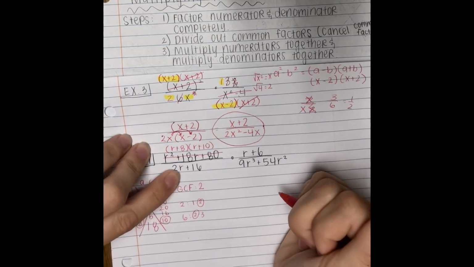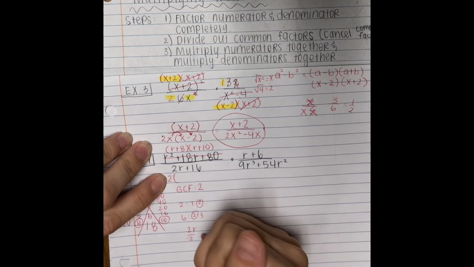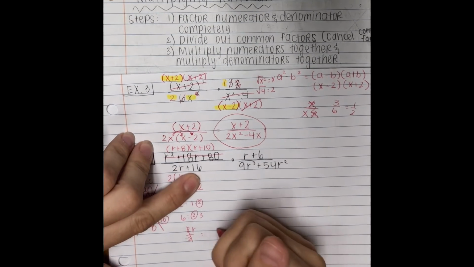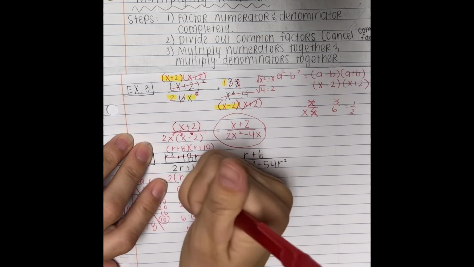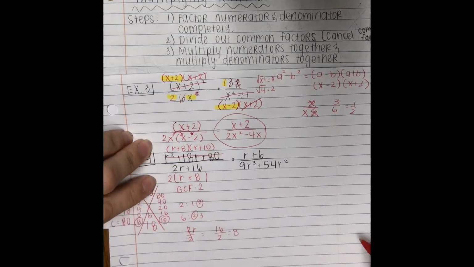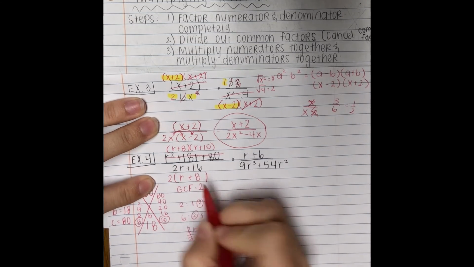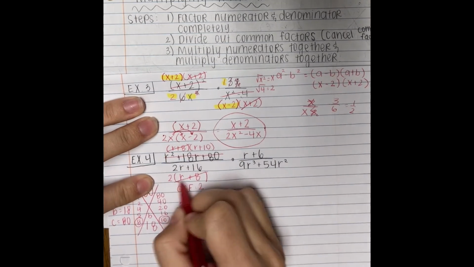So we're going to factor a 2 out from each of those terms. So 2r divided by a GCF of 2 leaves us just an r, and then 16 divided by a GCF of 2 gives us 8. Okay, so I can already see I have an r plus 8 up top and an r plus 8 on the bottom, so I can go ahead and cancel both of those out.